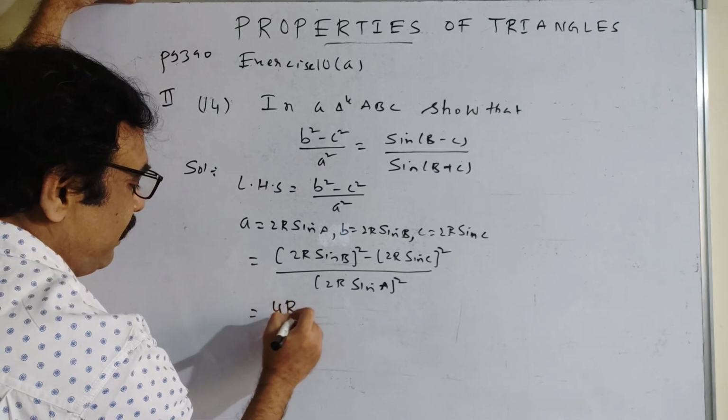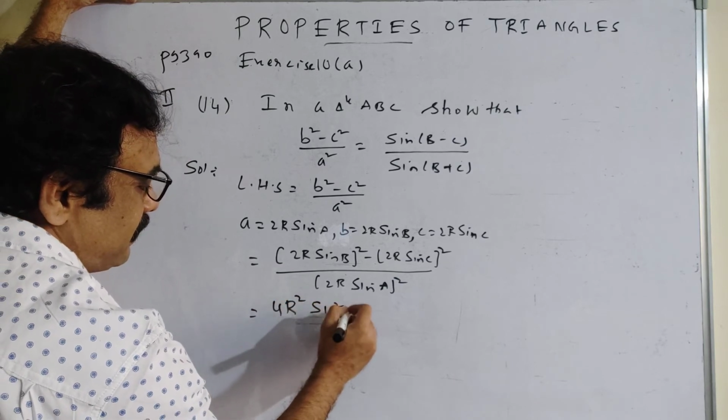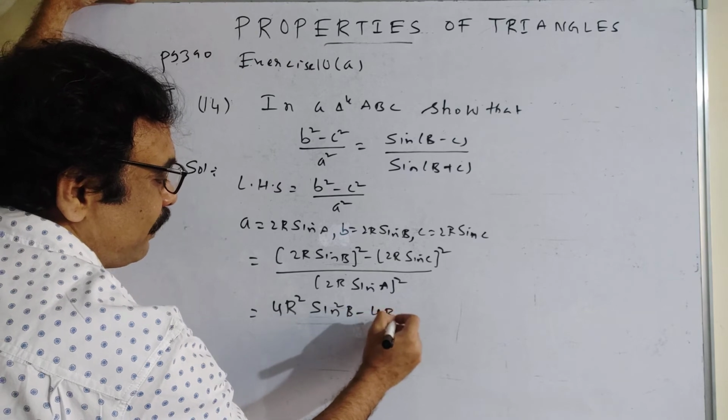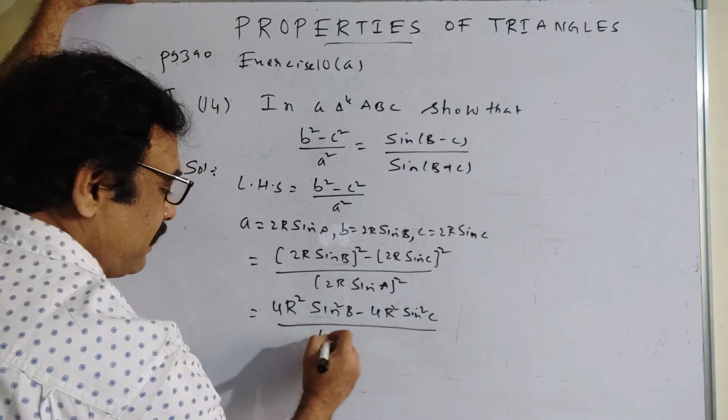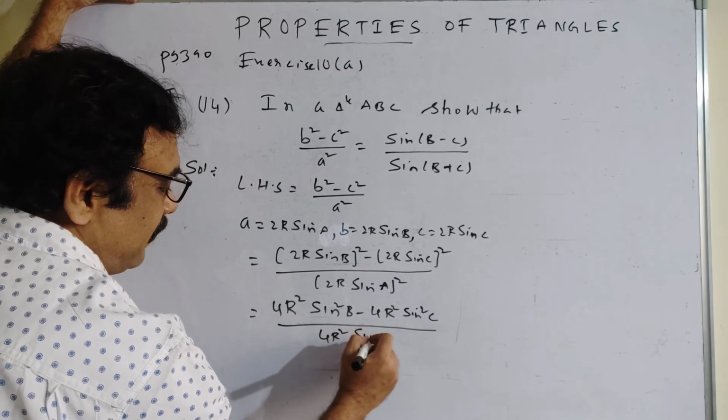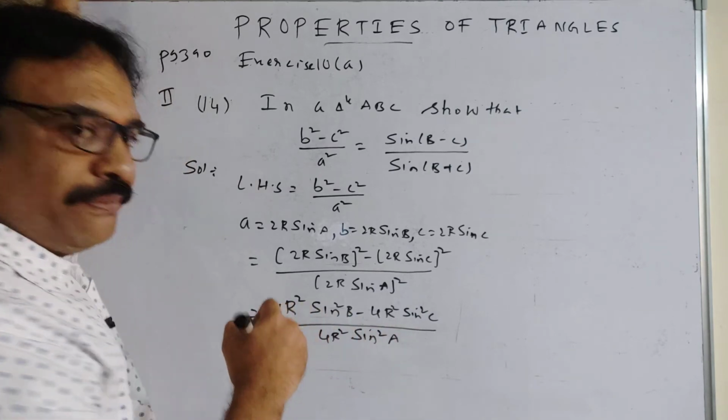So what exactly are you getting? 4R square sine square B, 4R square sine square C, by 4R square sine square A.